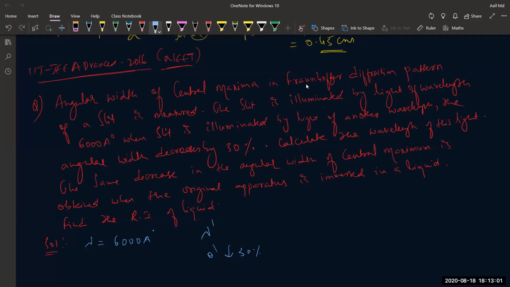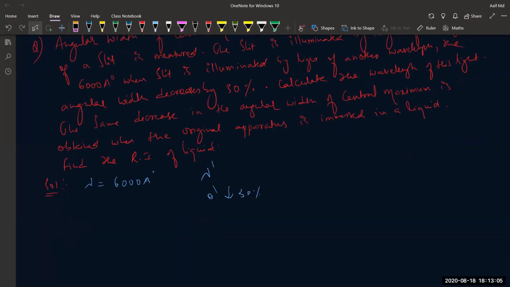Can you do this one? In Fraunhofer diffraction at a single slit, d sin theta equals n lambda, with n equal to 1.